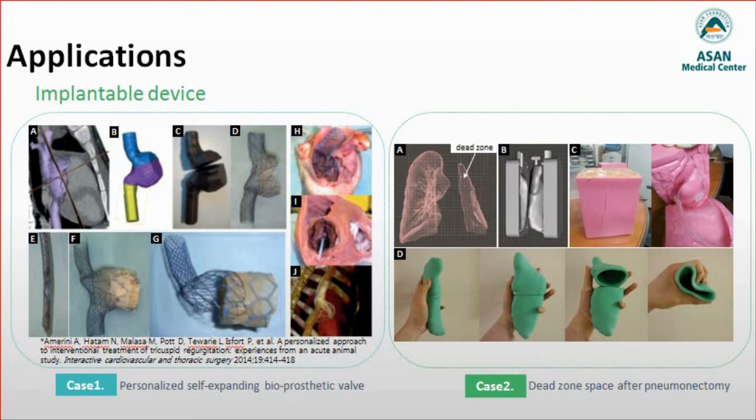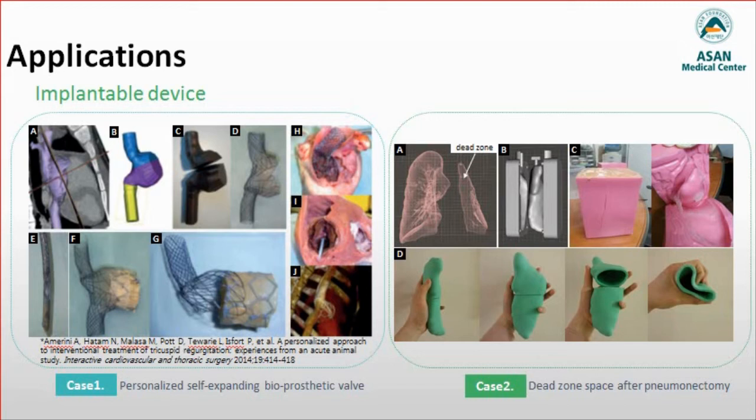A solid aluminide mold was manufactured using a 3DP system, and then a personalized compressible nitinol stent was subsequently produced and fitted onto the 3DP mold.